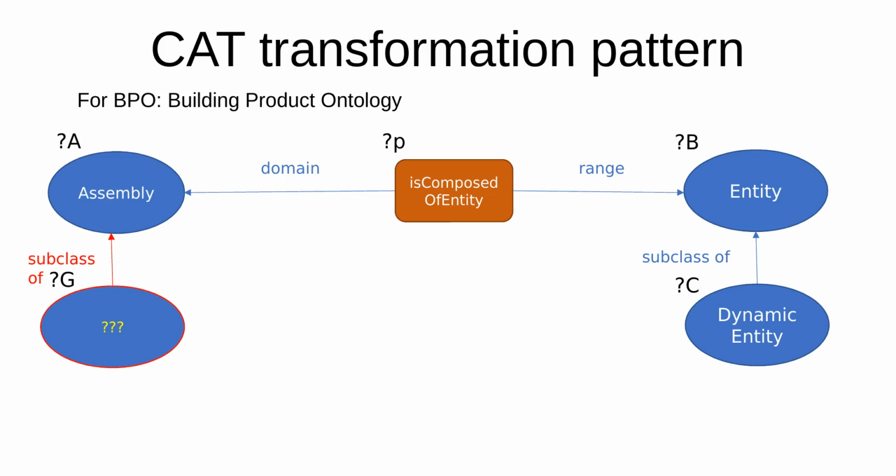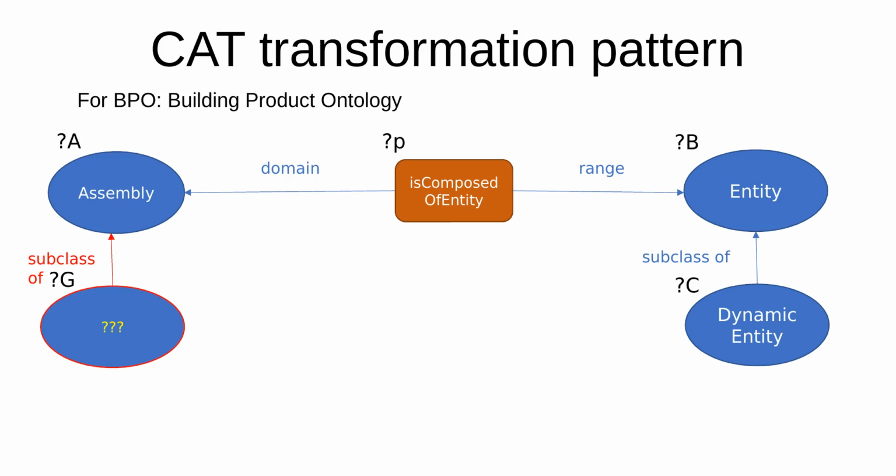Now we can have a look at the building product ontology and the solution for our rule mining use case. If we apply this transformation pattern on BPO, one pattern instance could be this one. There is composed of entity, an object property, which has domain assembly and range entity, and dynamic entity is a subclass of entity.